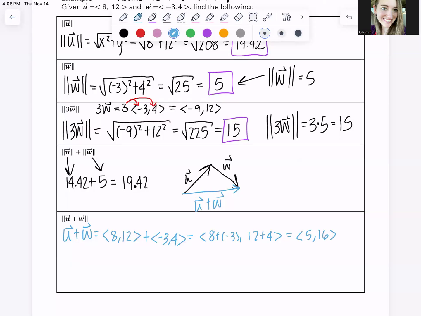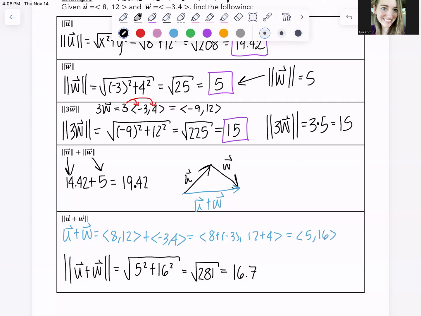Now I'm taking the magnitude of that vector. The magnitude of u plus w is going to be the square root of 5 squared plus 16 squared, the square root of 281, and that comes out to 16.676.